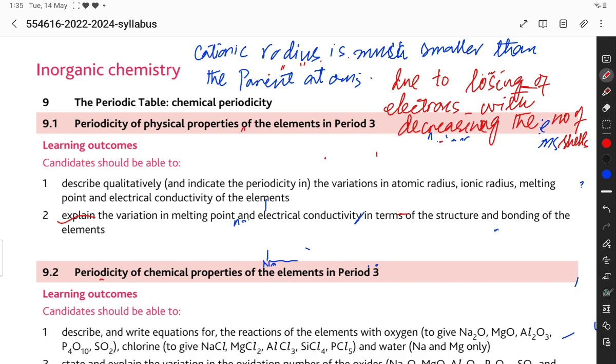So in this way the atom becomes smaller after losing electrons.